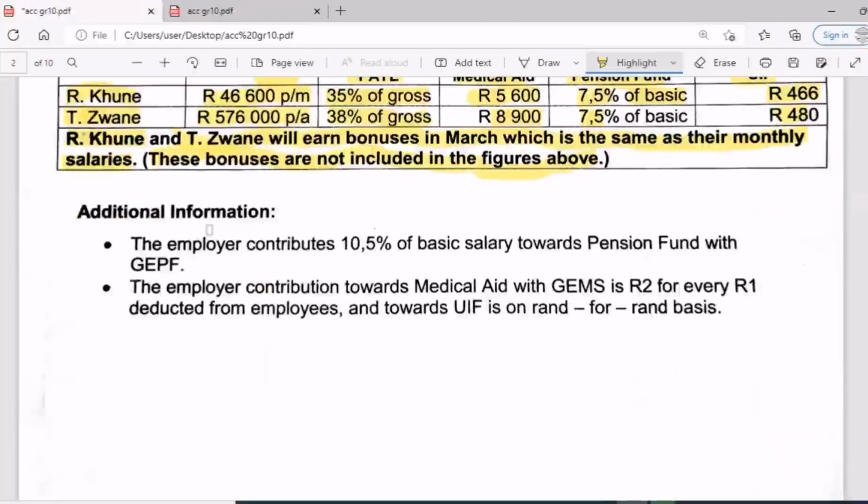Then additional information: the employer contributes 10.5% of basic salary towards the pension fund with GEPF. GEPF stands for Government Employees Pension Fund. These are contributions made by the employer.